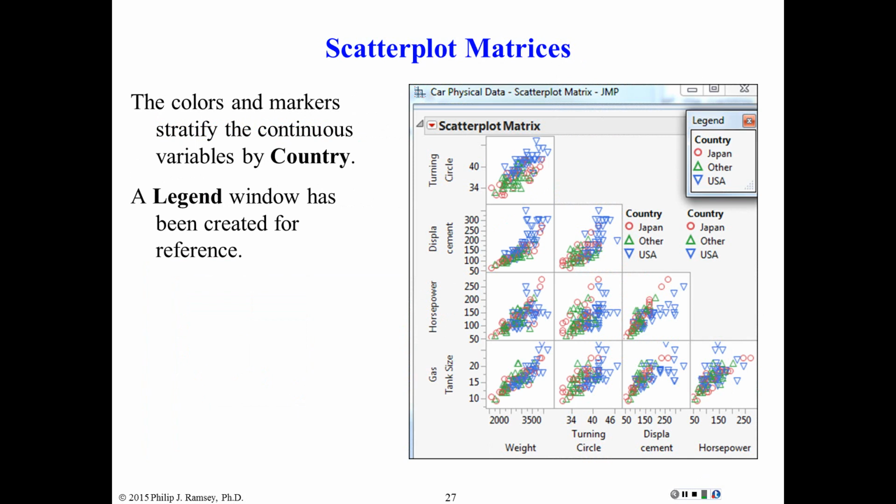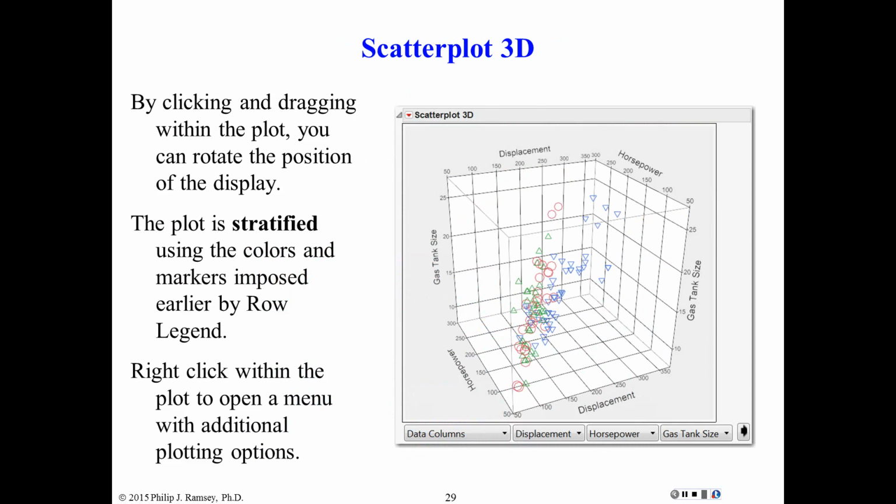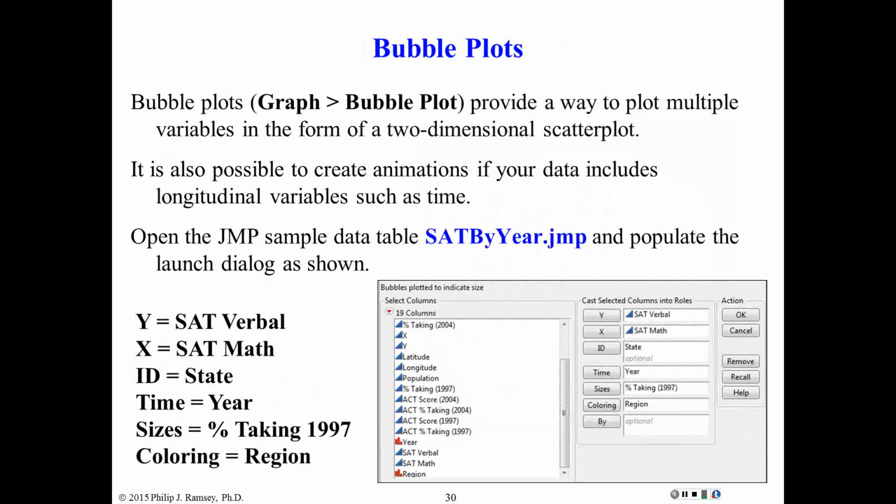So in this case, we want to stratify our physical card data by country. It's very, very easy to do. You can do 3D plots, and then bubble plots are really interesting. This is a way to add additional degrees of freedom to a plot. So I'm going to go ahead and show this in JMP.